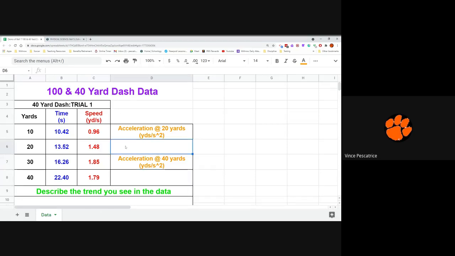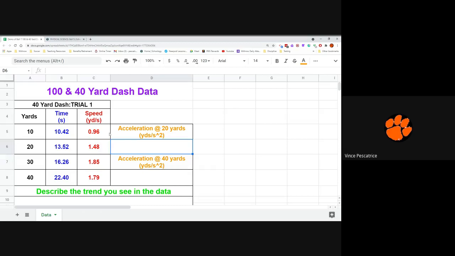Okay, so what we're going to do is make the computer calculate the change in speed divided by the change in time. So the change in speed divided by the change in time, that is your acceleration. Just like we've learned in class, acceleration is the change in speed divided by the time. That's what we're doing here.